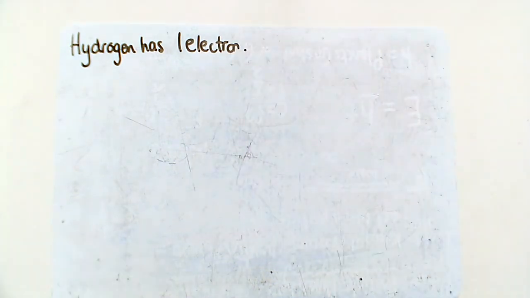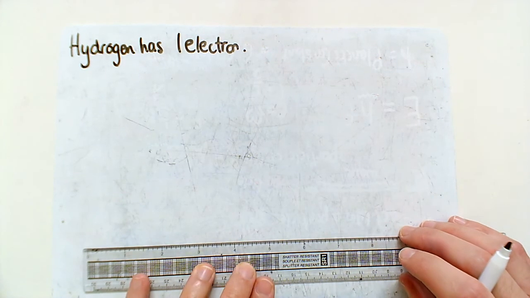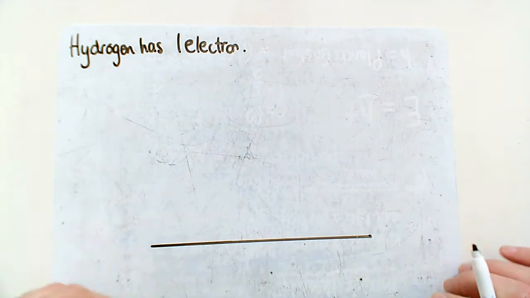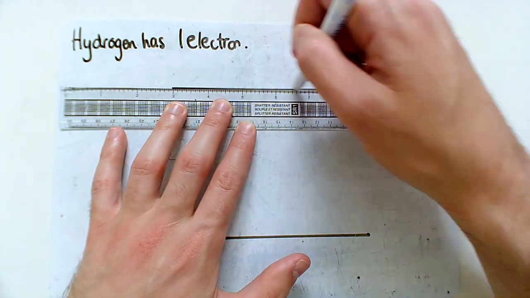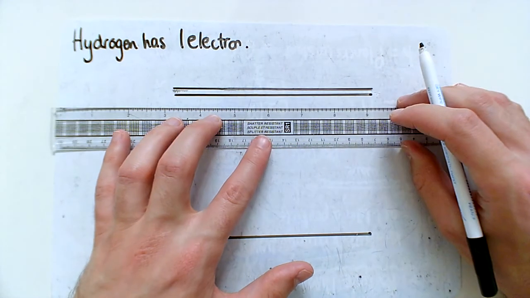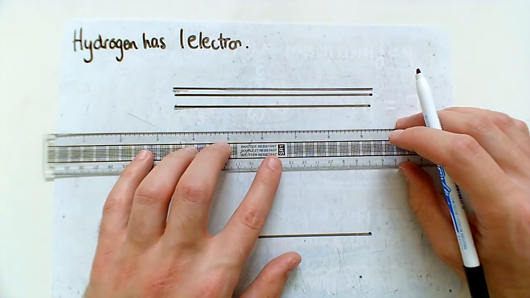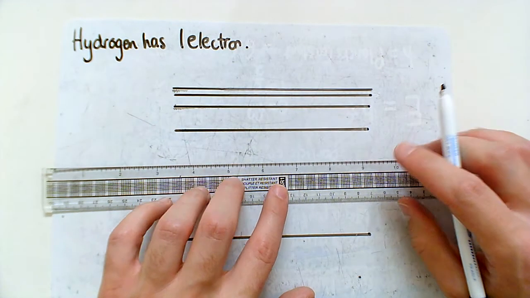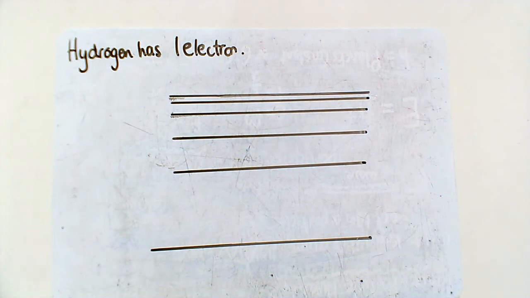Hydrogen has one electron. Instead of drawing an atom, we're just going to draw straight lines to represent the different energy levels. So something like that represents them.